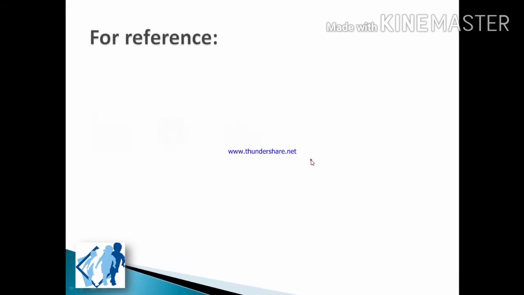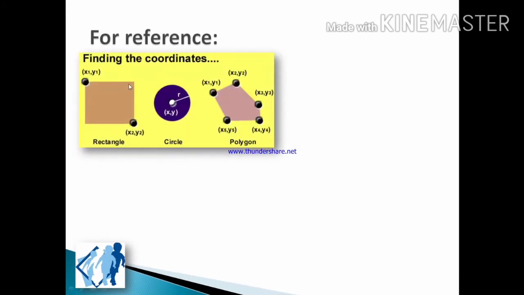For our reference we can see these are the different shapes: rectangle, circle and polygon, and their coordinates. Now see, to select a single pixel or single point we have two values, that is x value and y value.